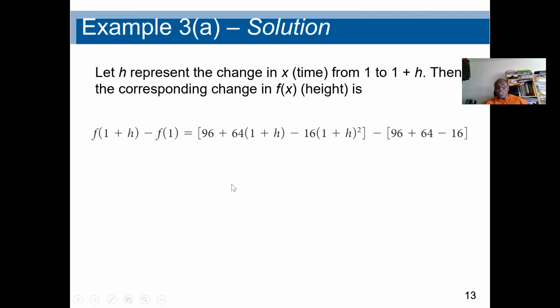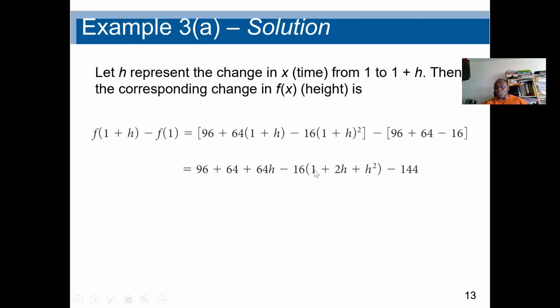So now we simplify this equation. We were able to remove the parentheses here. We get 96 plus 64 plus 64h minus 16 times, again, this is a perfect square. 1 plus h squared is the same as 1 plus 2h plus h squared. College algebra perfect square: a plus b squared is the same as a squared plus 2ab plus b squared.